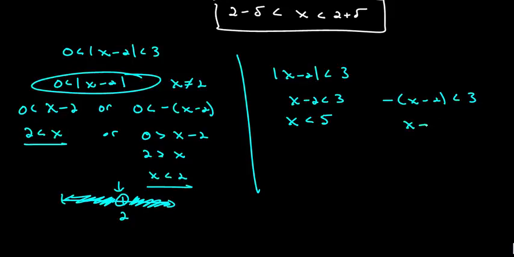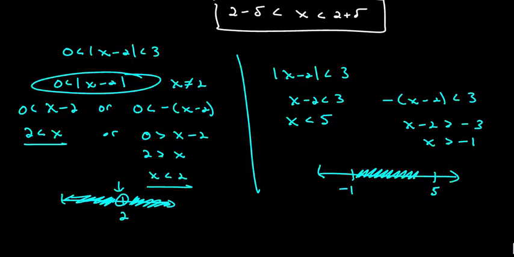Multiply both sides, add 2, okay, x negative 1. So x has got to be greater than negative 1. So here's negative 1. X has got to be less than 5. So it's got to be in between this area. But there's a little piece in there that it can't be, because it can't be equal to 2. And 2 falls in there, right?